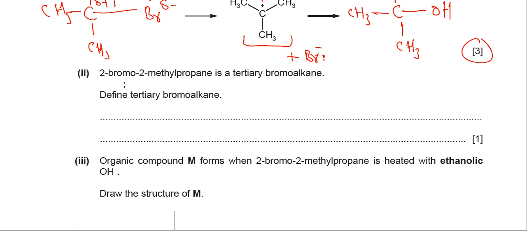Next part, 2-bromo-2-methylpropane is a tertiary bromoalkane, as we discussed earlier. Then it says define tertiary bromoalkane.